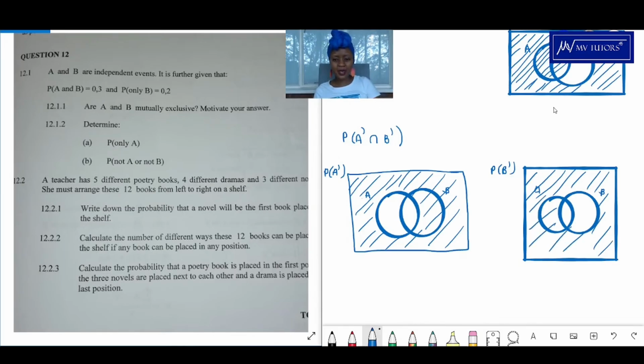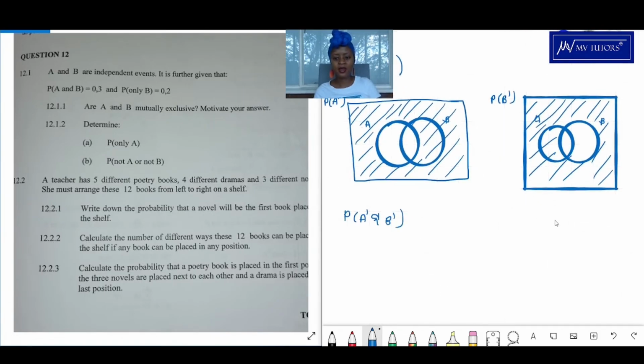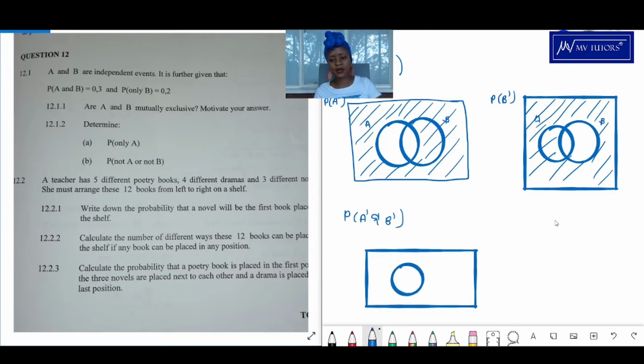But now we are saying, what is the probability then of not A and not B? Well, if it's and, we're looking at the intersection of the events. So where are they happening at the same time? Okay, so we have A over here and we have B over here. And you can see all around A and B, we have that scenario here, we have that scenario there. So that's where they intersect.